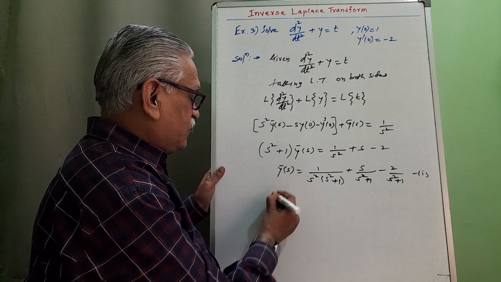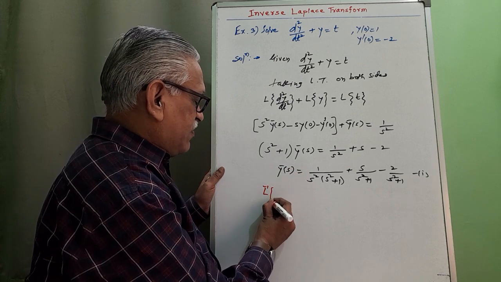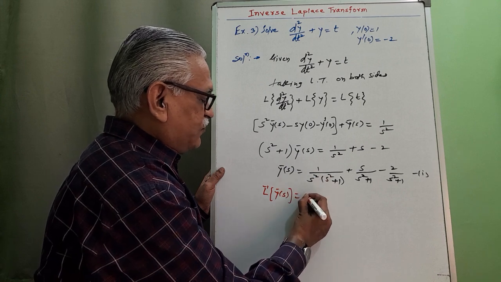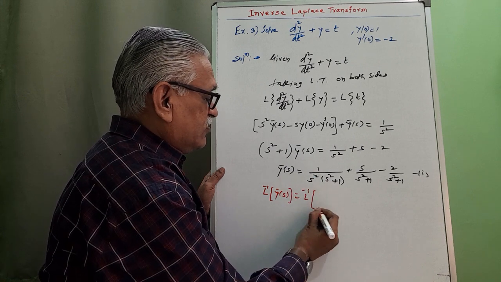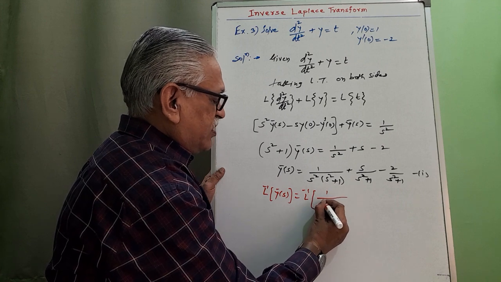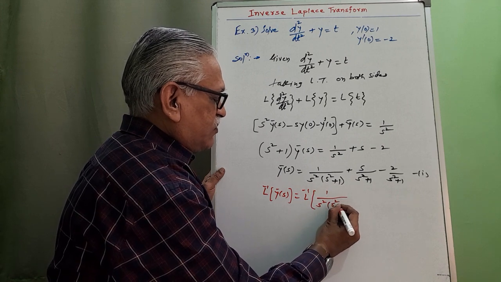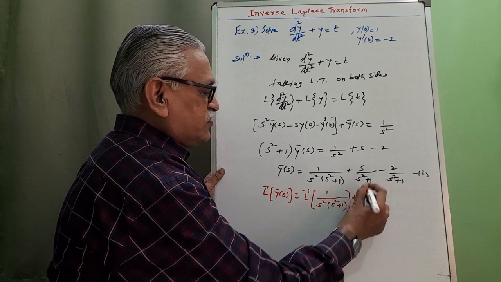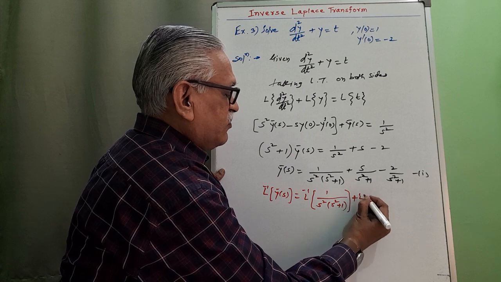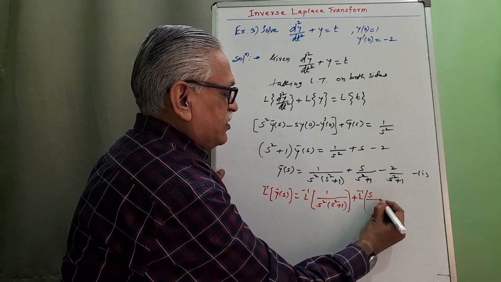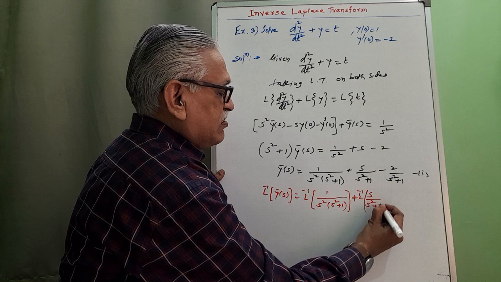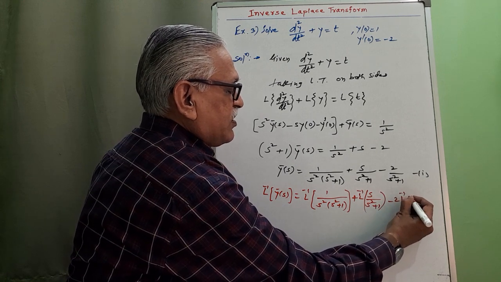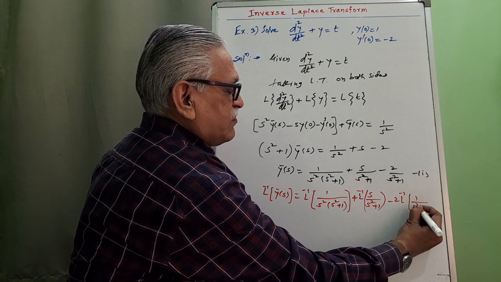Taking inverse Laplace on both sides, inverse Laplace of y bar of s, inverse Laplace of the first term 1 upon s square into s square plus 1, individual inverse of this, inverse Laplace of s upon s square plus 1, and minus 2 constant outside, inverse Laplace of 1 upon s square plus 1.